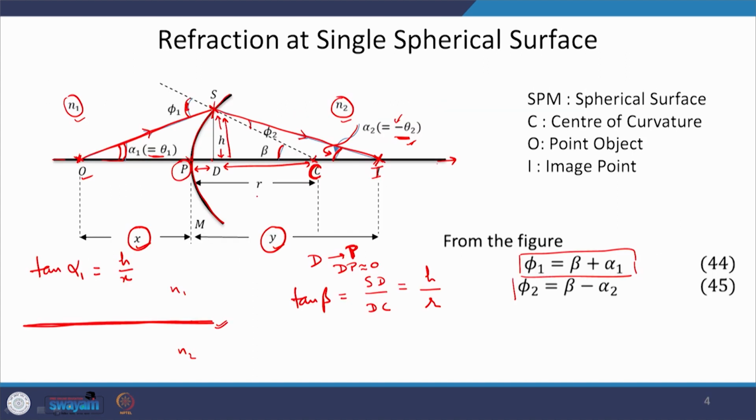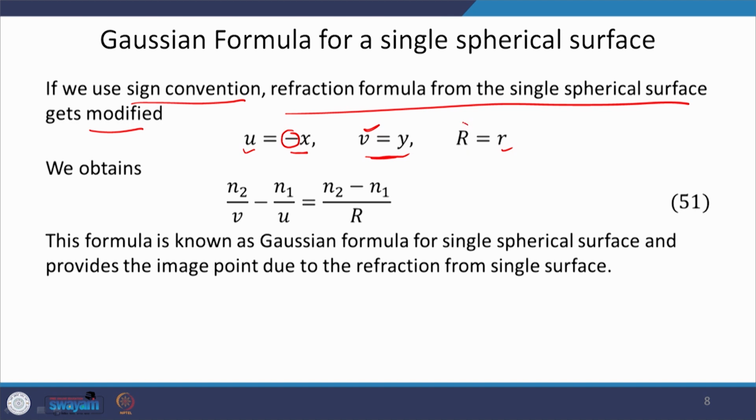The radius of curvature you can see in this figure, which is represented by small r. It is on the right hand side of point P. Point P is here and the radius of curvature is on the right hand side. Therefore, it would again be a positive quantity, and we introduce a new parameter, capital R, which represents the radius of curvature, and this is equal to plus small r.